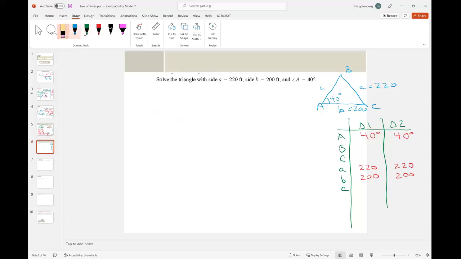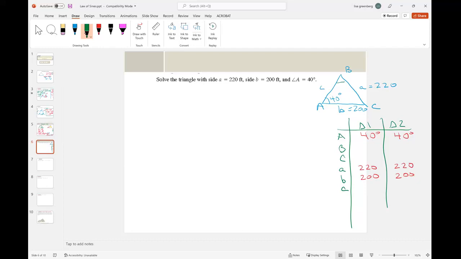Now we're going to look here and solve for which variable do you think we have to solve for? We're going to use sine A over A equals sine B over 200. Exactly, because that leaves me with just one unknown. If I tried C, I don't know what side C is and I don't know what angle C is, so I'd have two unknown variables.